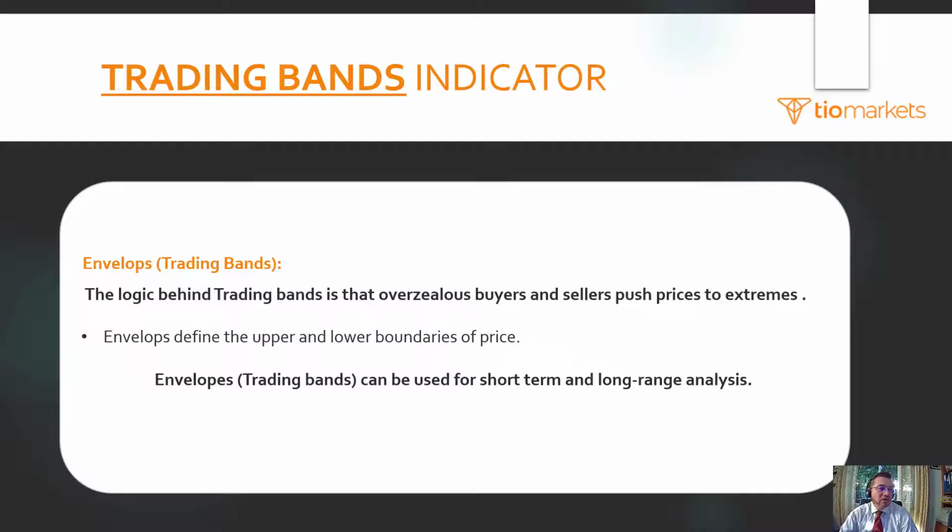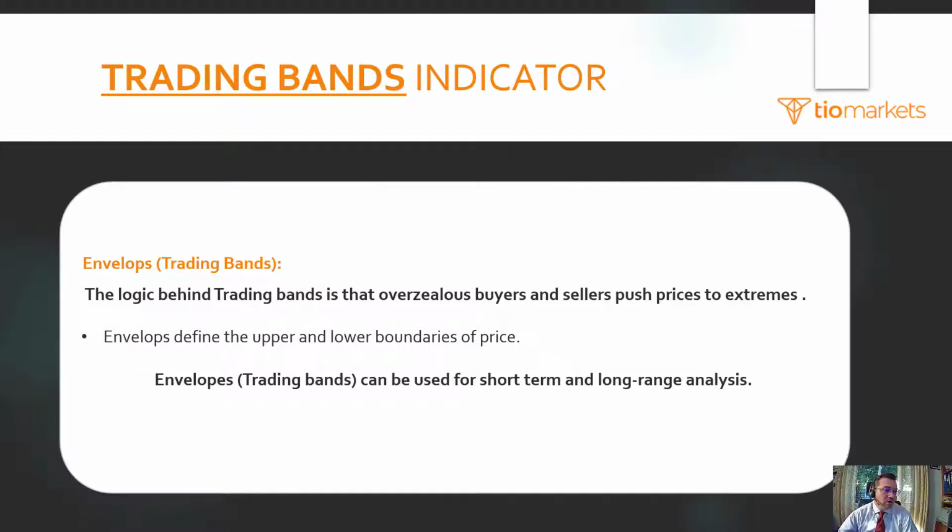So trading bands as an indicator. There are many types of indicators at a trader's disposal, and a trader will know when to use a particular indicator at a particular time. So what are we looking for with the trading bands?